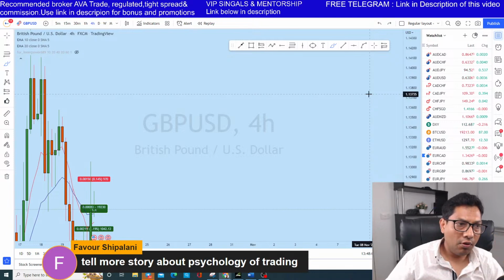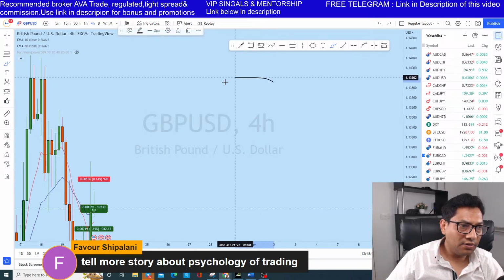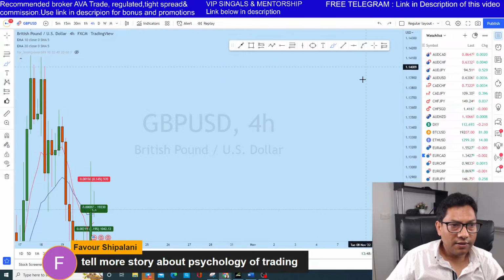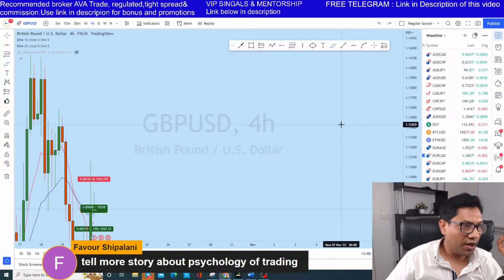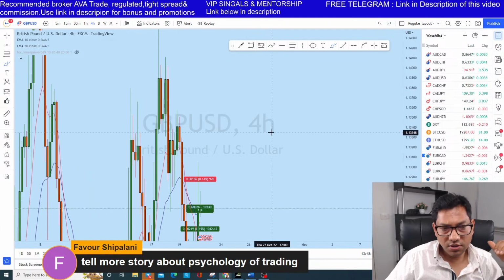For example, if you can trade on autopilot and make money, if you can find trade signals on autopilot, if you can read the chart on autopilot, that means without thinking much you can do it. That means your identity is confirmed. How can you confirm your identity as a trader?